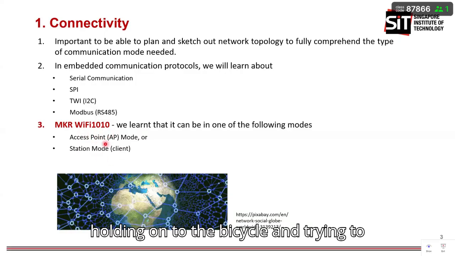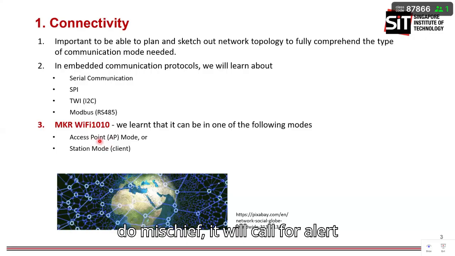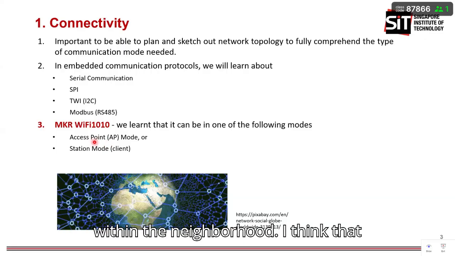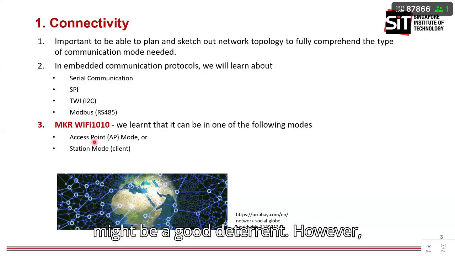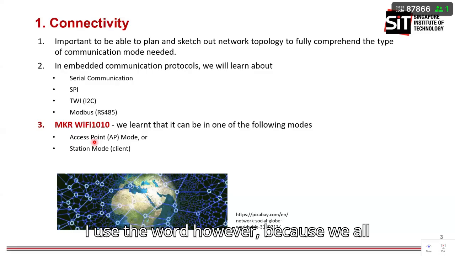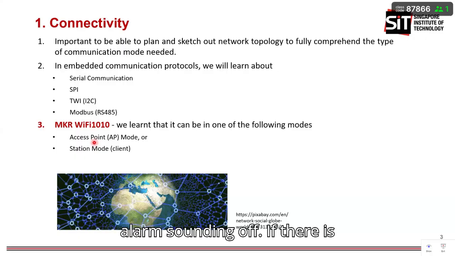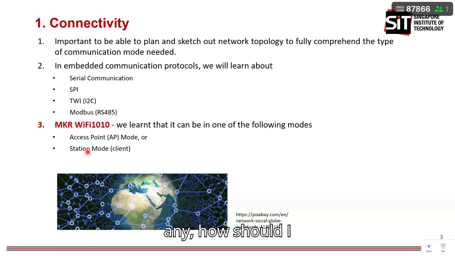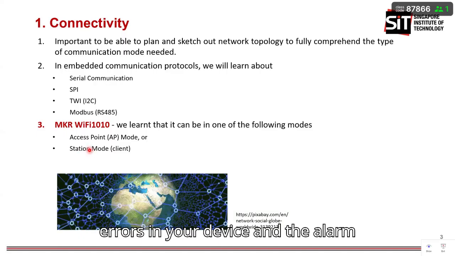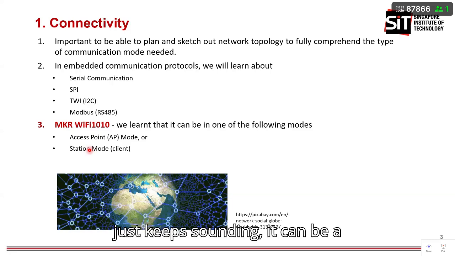Wi-Fi functionality, in week 1, you have learned about using it as an access point. So an access point is equivalent to a router. It supports connectivity of a few more devices coming along. And in week 1, you have used your handphone to join the MKR. In most cases, you will be using your MKR in station mode where it connects to the router itself.